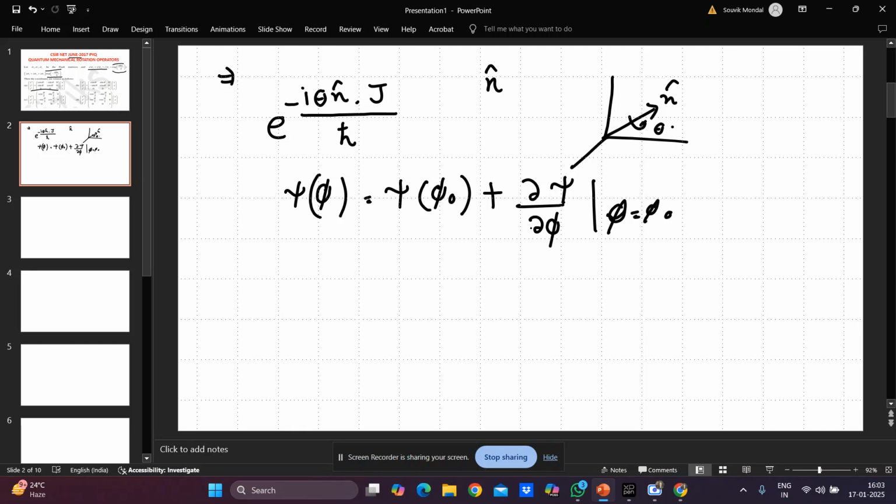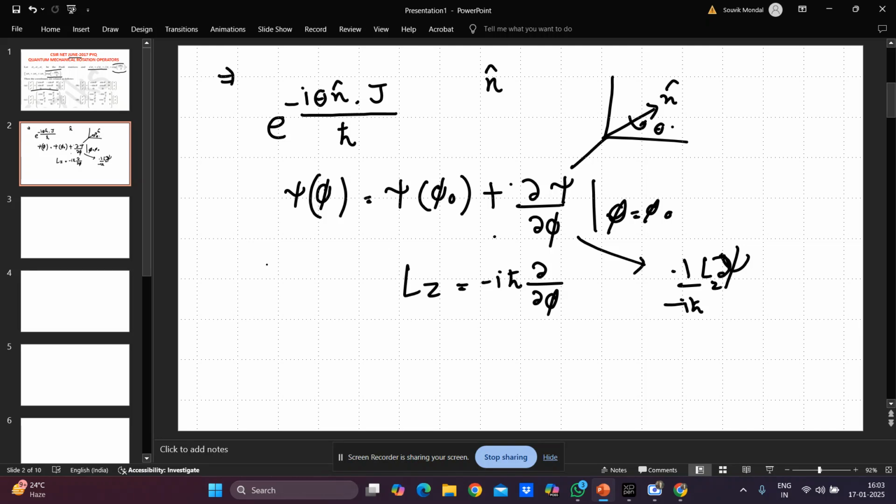Now you can remember that Lz is nothing but minus i h cross del by del phi. So if you divide by i h cross, it is basically Lz of psi. So that is basically a rotation about the z direction.